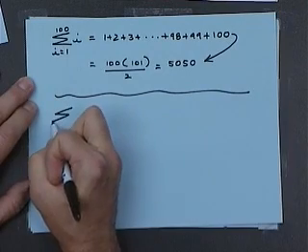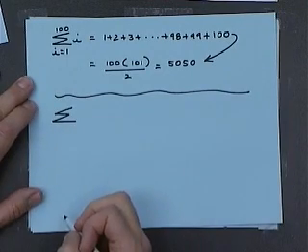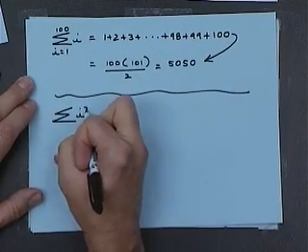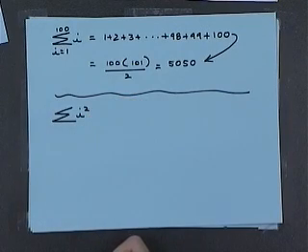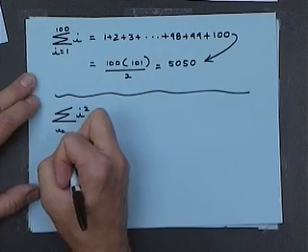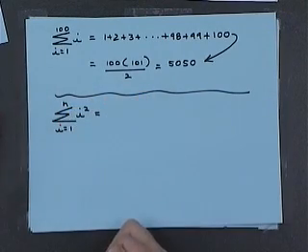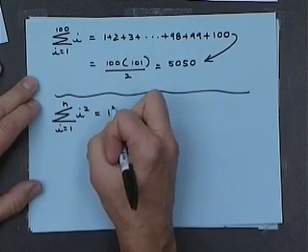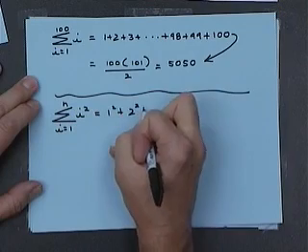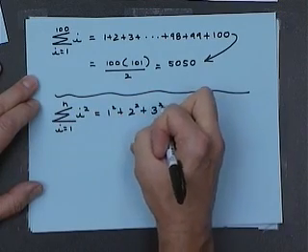All right. The other one that we're going to use frequently is the sum of consecutive integers squared. So when i is 1, what's that look like? 1 squared. i is 2, it's 2 squared, 3 squared.